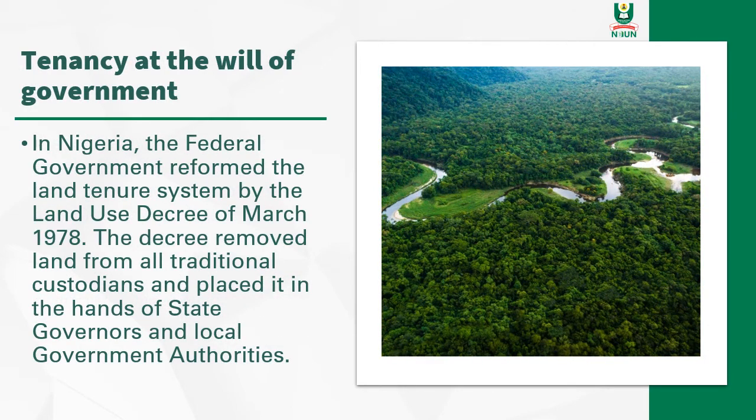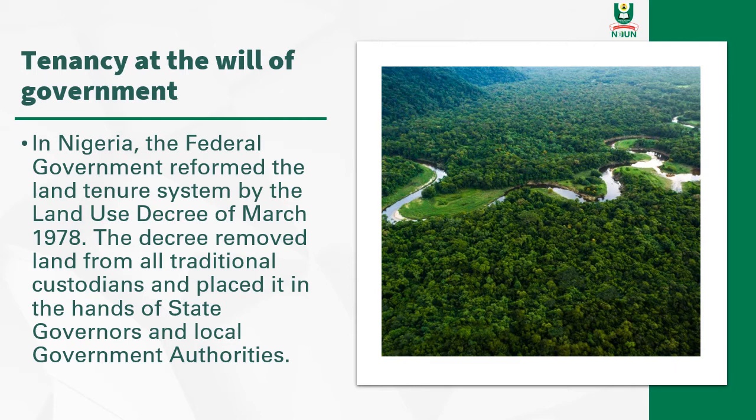So you also have tenancy at the will of government, like in Nigeria, for instance. The federal government reformed the land tenure system by the laws that we call the Land Use Decree, and this was established in March 1978. The decree removed land from all traditional custodians and placed it in the hands of the state governors and local government authorities.